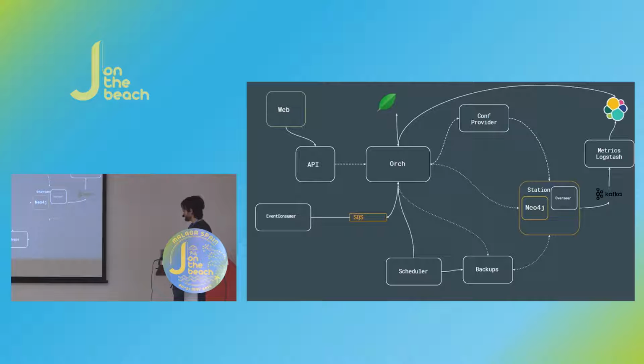Then we have a kind of distributed scheduler that is taking care of, for example, in GrapheneDB, as a customer, you can define the frequency of your backups depending on your plan. So this piece over here takes care of firing up the process of making a backup. Okay, it also takes care of producing billing, because we bill by day.